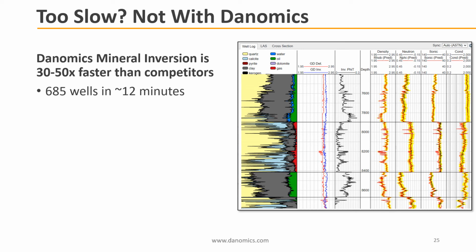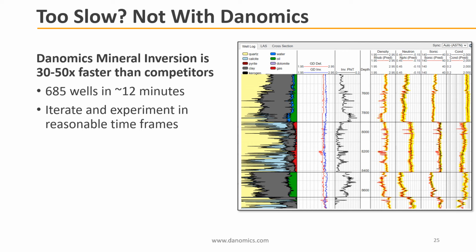And I think this offers a huge advantage because it means that you're now able to iterate through, you're able to experiment. So you can look at 3, 4, 5 different scenarios in a reasonable period of time. Whereas if instead of taking 12 minutes, it takes 12 hours, you're not going to be able to iterate.